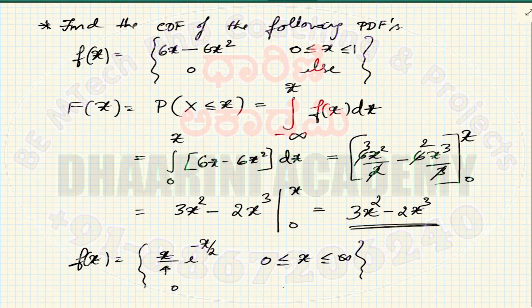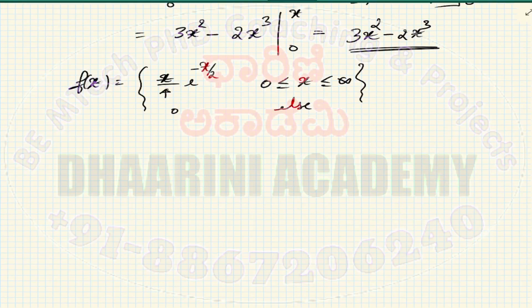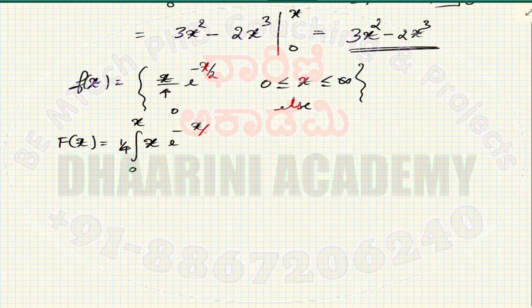This is the question. So capital F of x is equal to the integral from 0 to x of the given function, and I'll take the 1 by 4 outside. This is x into e to the minus x by 2 dx.